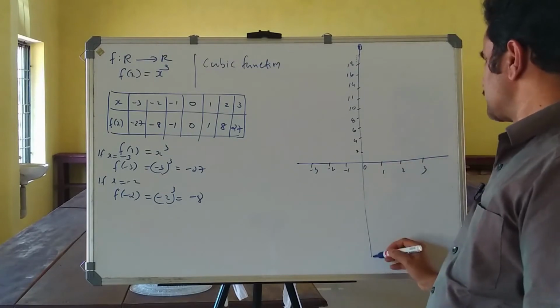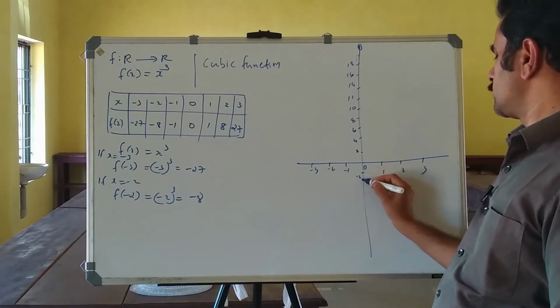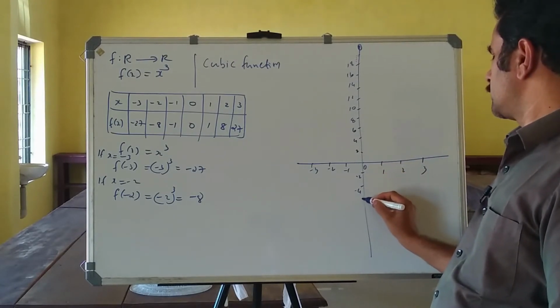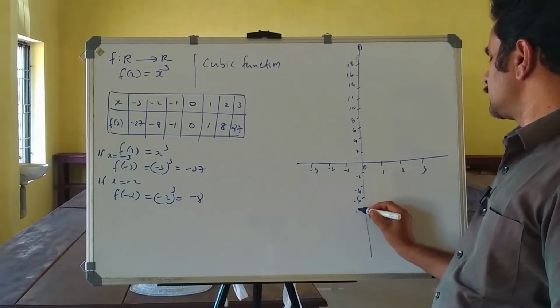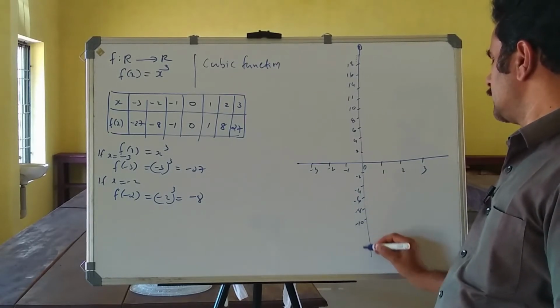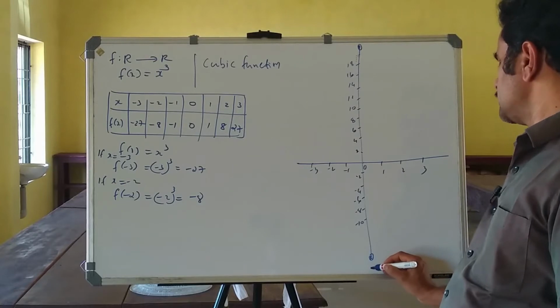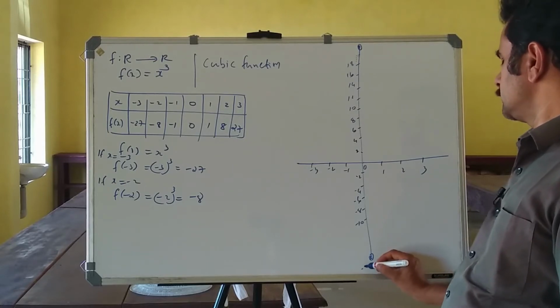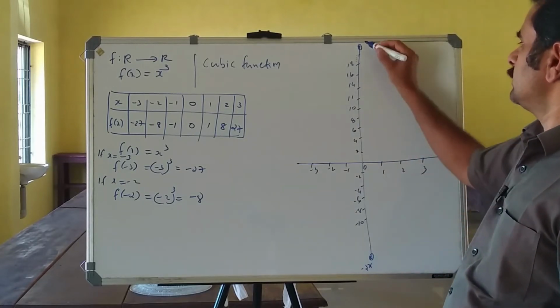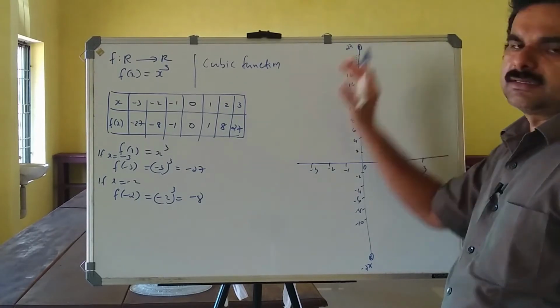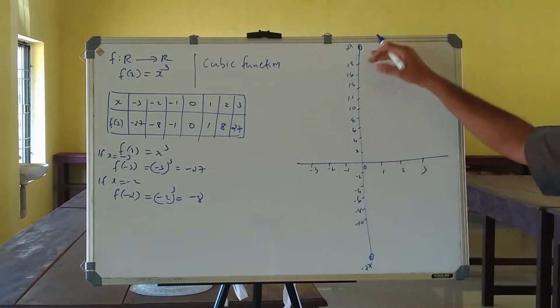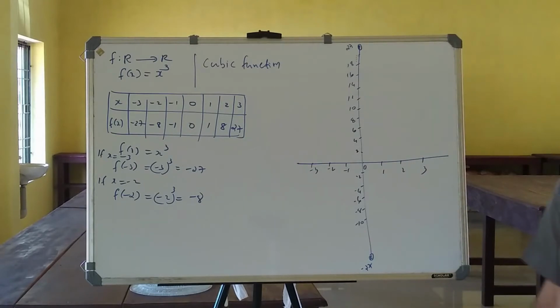And similarly minus 27 is here. Minus 2, minus 4, minus 6, minus 8, minus 10, and so on. It is minus 27. Here plus 27. Okay, because there is no space to mark 27 and minus 27.